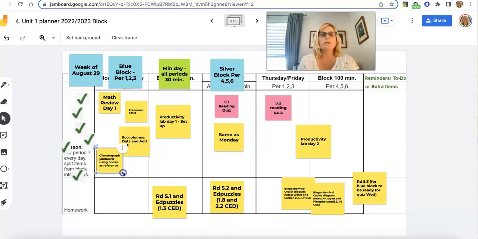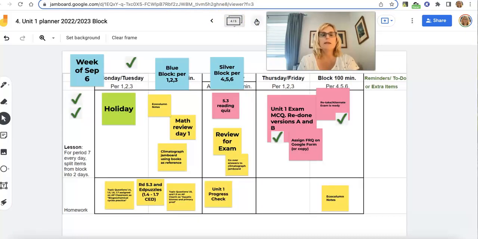We're going to practice doing climatographs, reading ed puzzles, diagram homework, reading quizzes you can see, and then Labor Day holiday, and then here's the big exam.